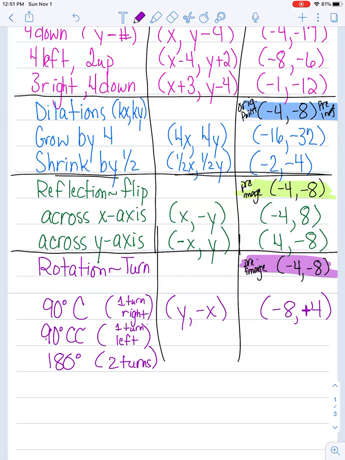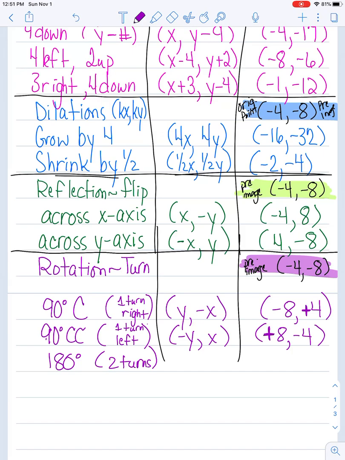Now let's go to 90 degrees counterclockwise. That rule is -y, comma, x. That says flip the x and the y and change the sign of the new first number. So let's do what it says. We're going to flip the x and the y, so that becomes -8, -4, and then the rule says change the sign of the new first number.